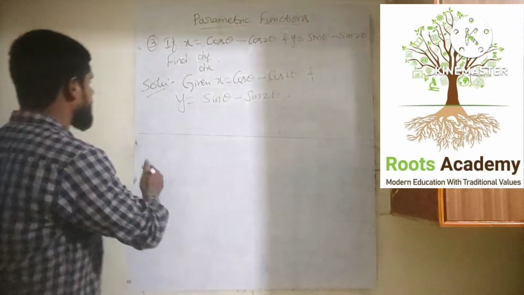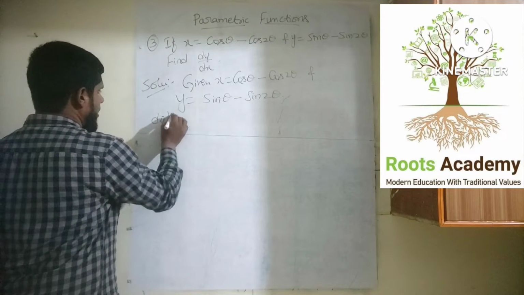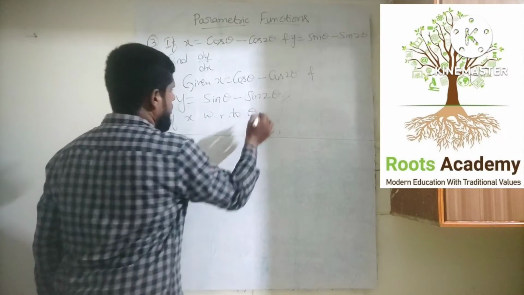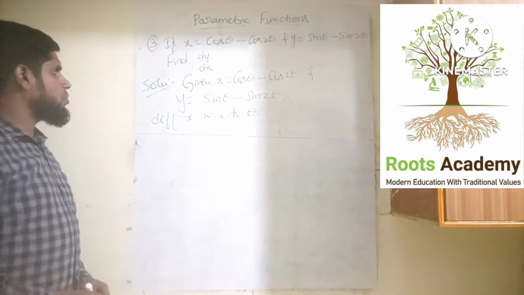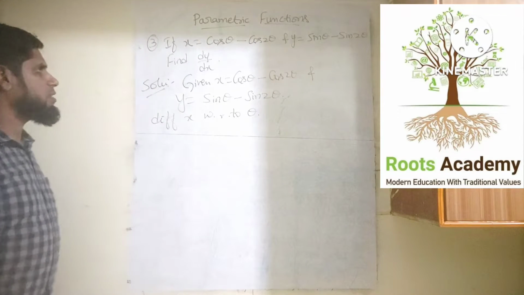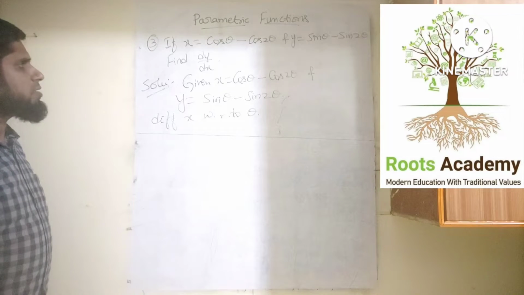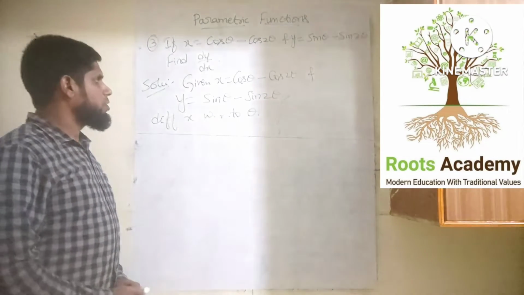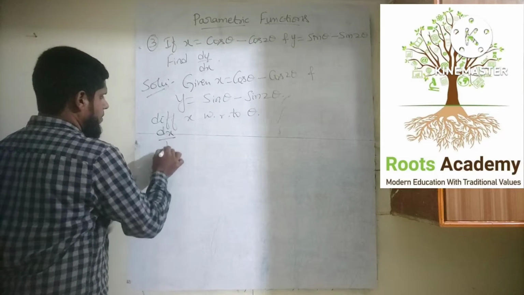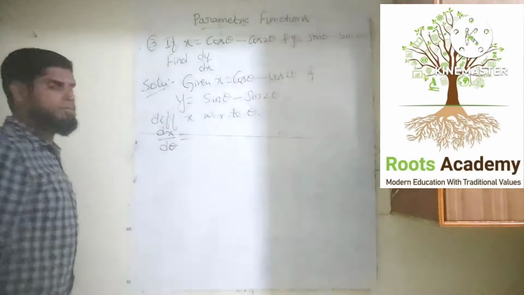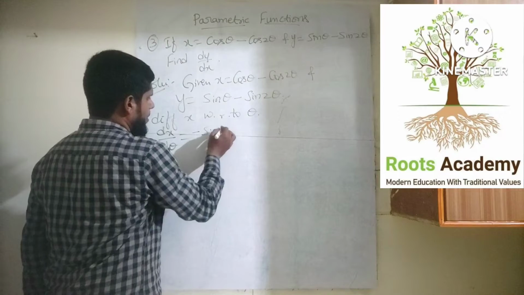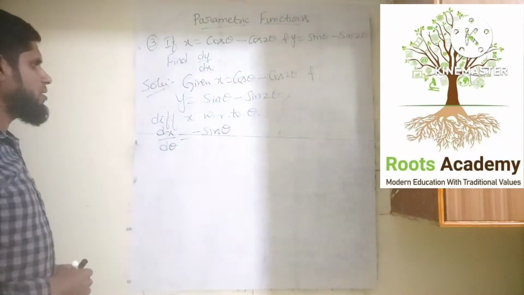So first I will differentiate x with respect to theta. In both the functions we have two terms. First is cos theta and another is cos 2 theta. dx by d theta is equal to derivative of cos is minus sin theta.